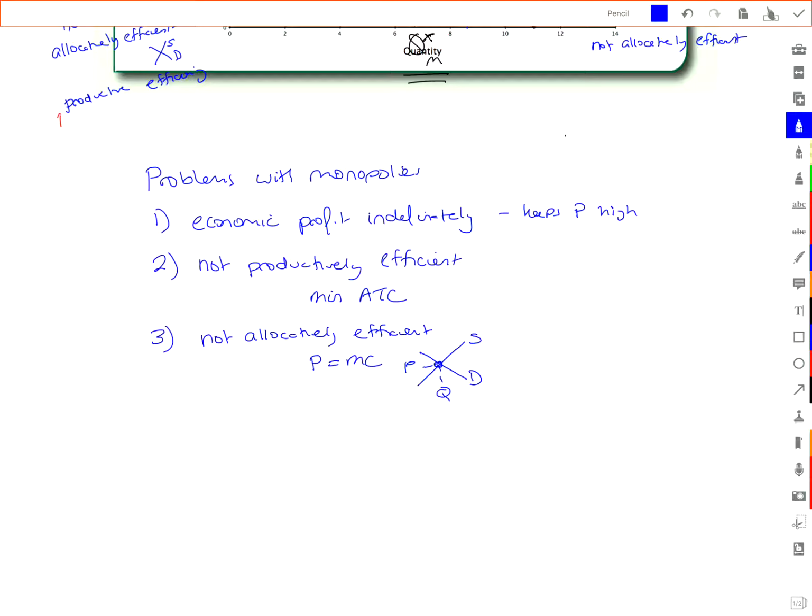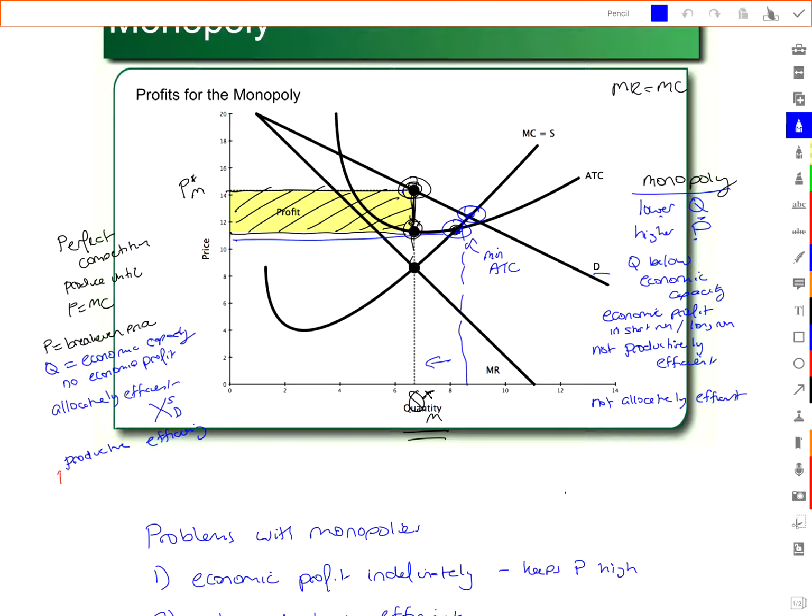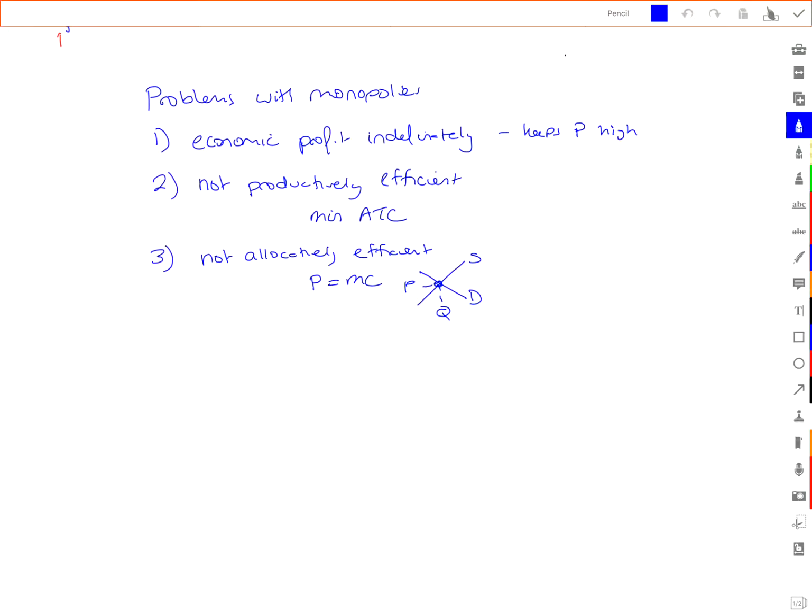Okay. So when we look here at the monopoly, here's demand, here's supply, and we're not producing at the quantity where demand and supply intersect. The monopoly is not using its scarce resources to make the amount that customers want. They are intentionally producing less so that they can charge more.